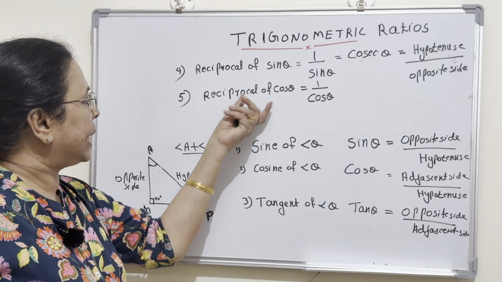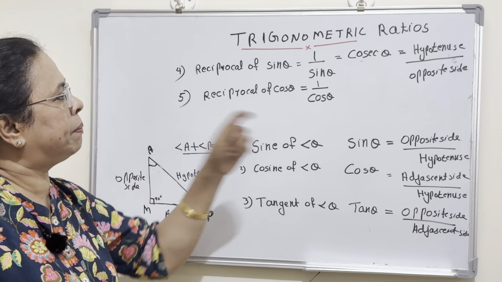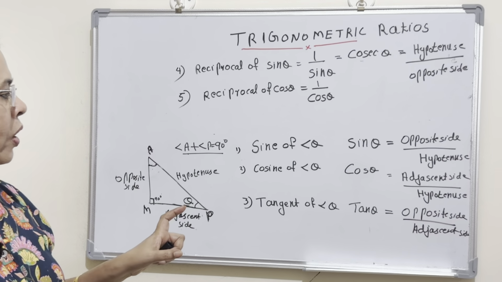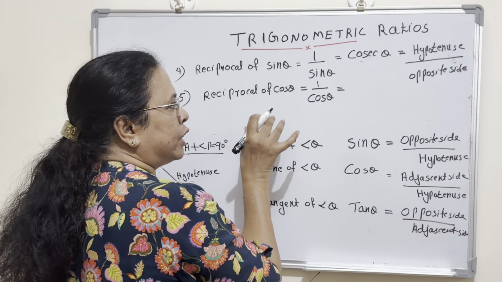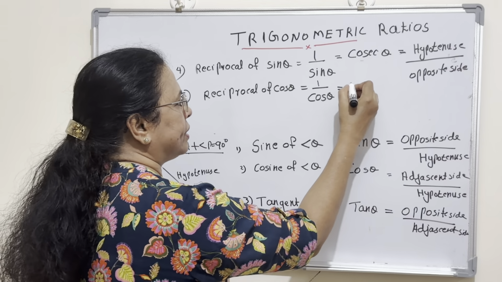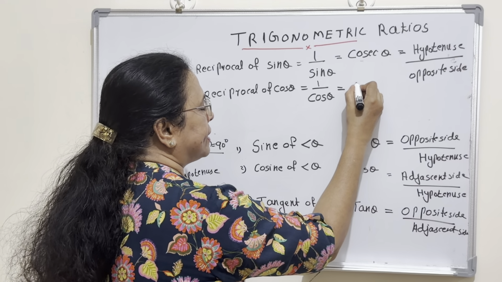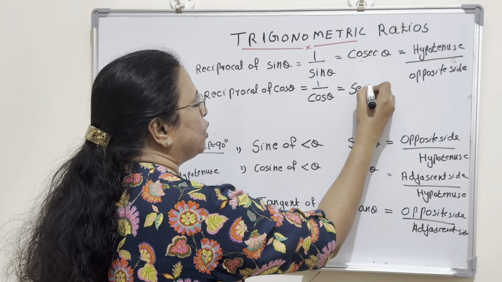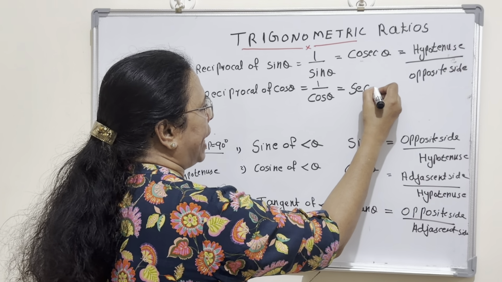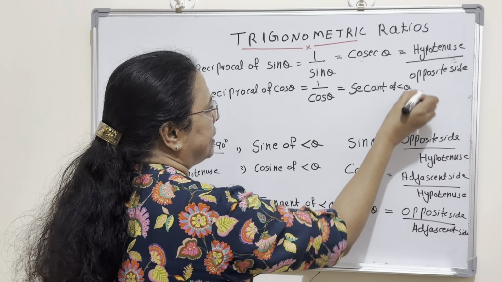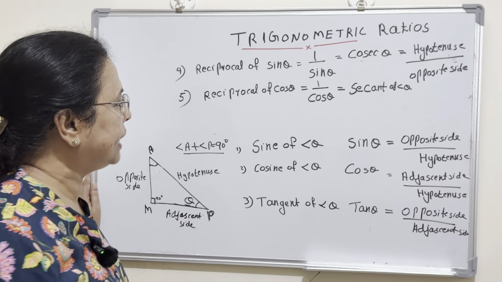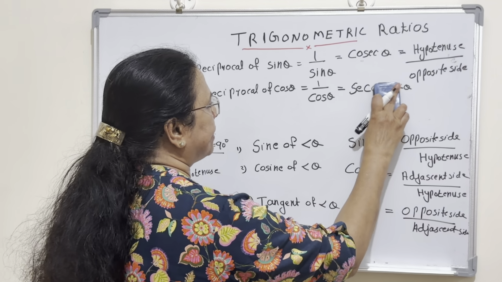So the reciprocal of cos theta means 1 by cos theta. 1 by cos theta I can represent with another ratio. The name of that ratio is secant of angle theta. That one I can write shortly as sec theta.